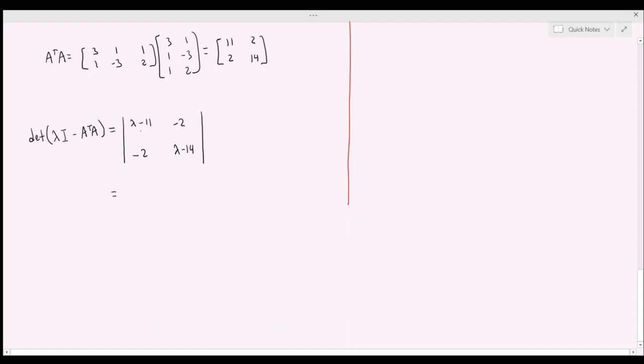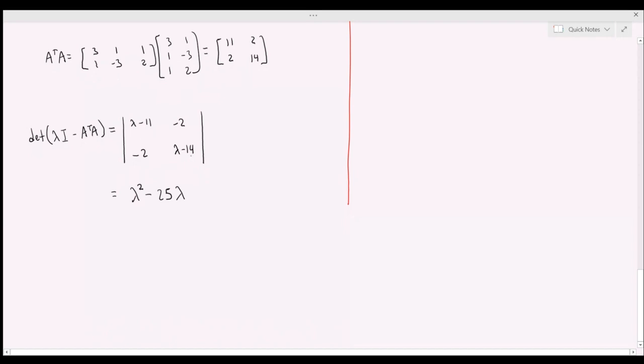So first, we'll get lambda minus 11 times lambda minus 14. I'm going to go ahead and distribute all of that out. So I'm going to get lambda squared minus 14 lambda minus 11 lambda for a total of minus 25 lambda.